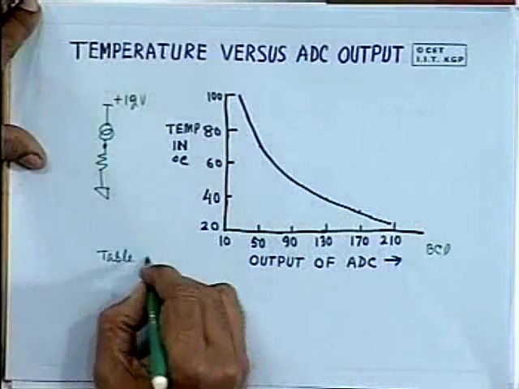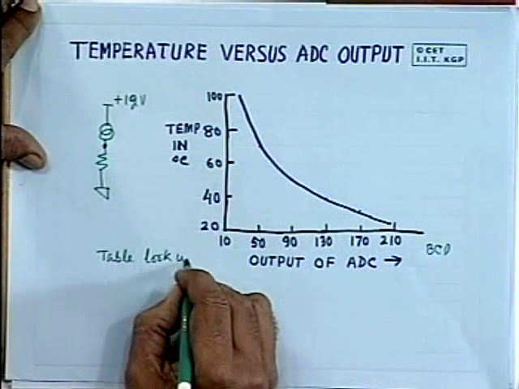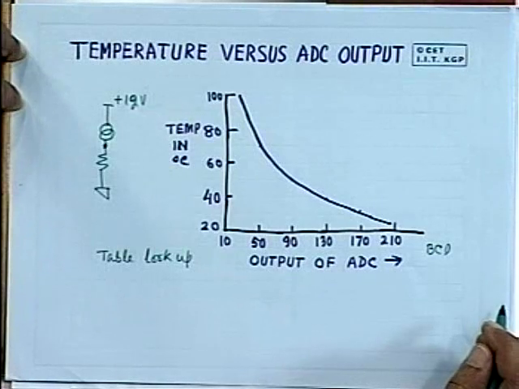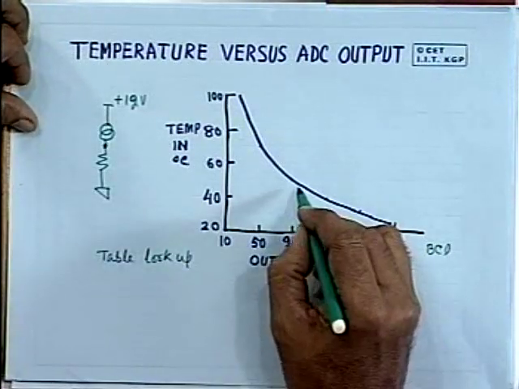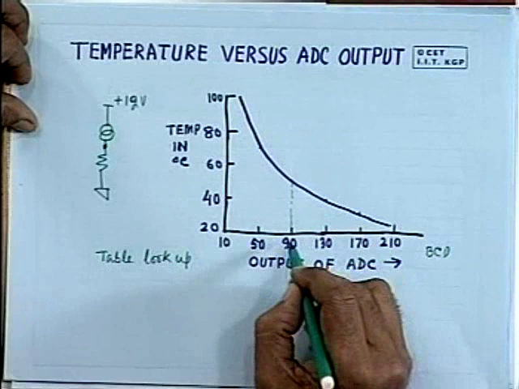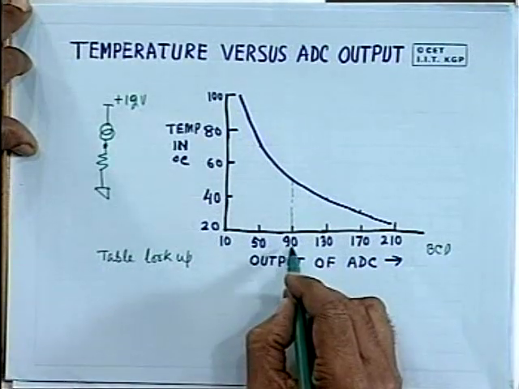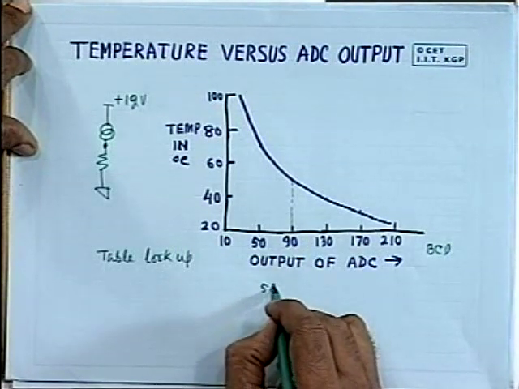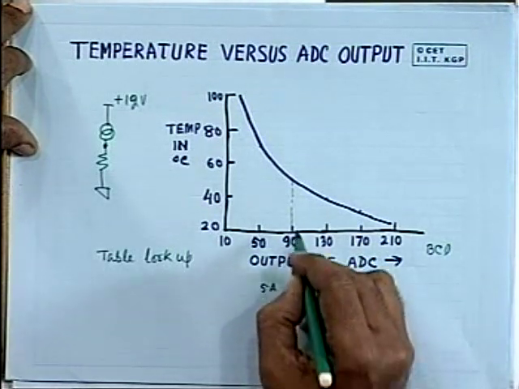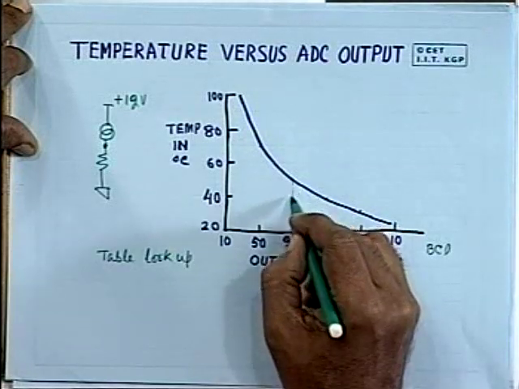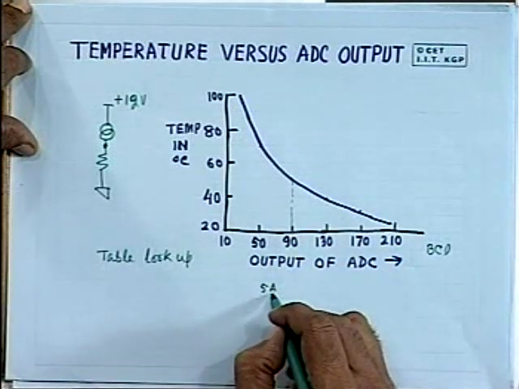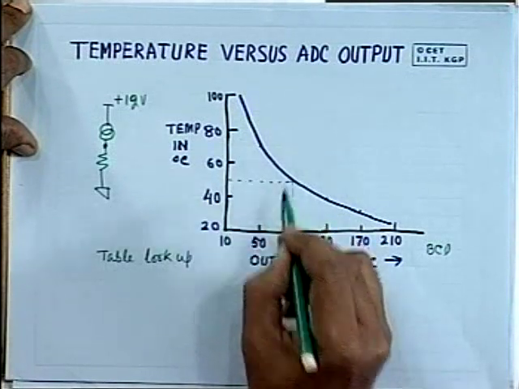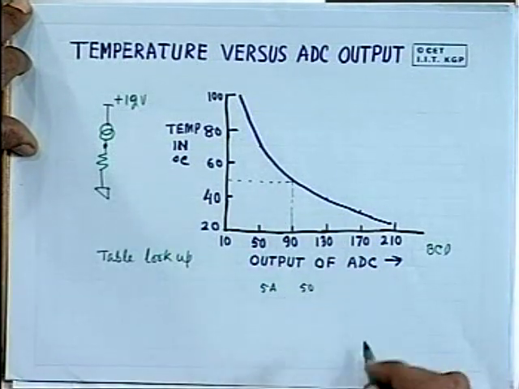How can you do that? We have used a simple table lookup technique. How is the table lookup done? Suppose this is the digital value 90. 90 corresponds to 5A in hex. 5A in hex is the digital value, and for this digital value the corresponding temperature is 50 degree centigrade.